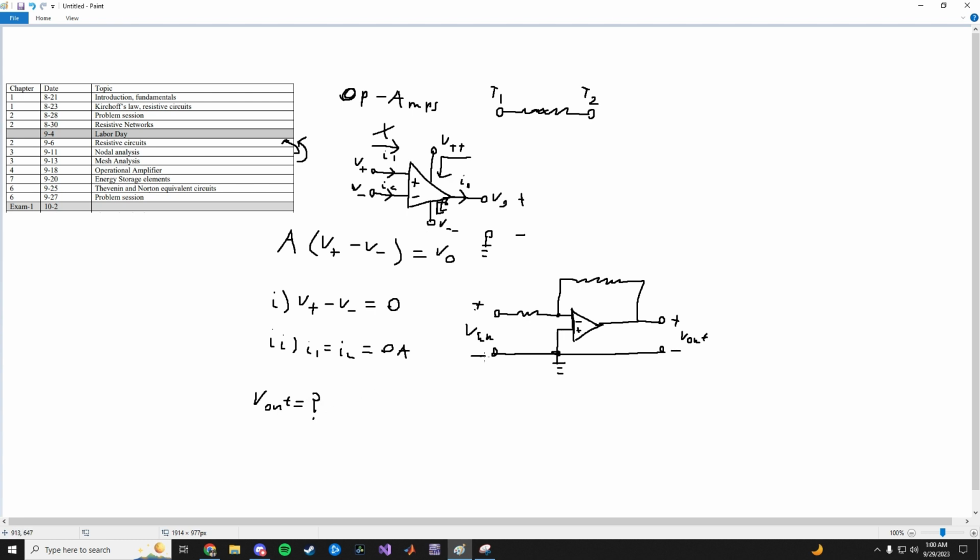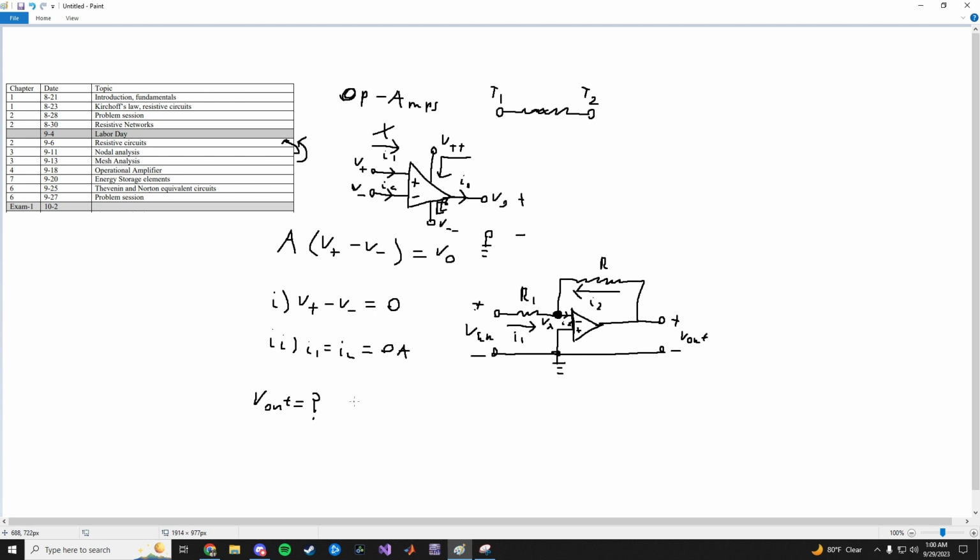Say you wanted to find what Vout is. How would you do that? Remember, current cannot flow in or out of the op amp. So you take this node right here, which is a dummy node. I'll call it Vx, and I'll call the current flowing into the op amp Ix. Then I'll draw one more current, I2, and this one is I1, the current flowing through R1.